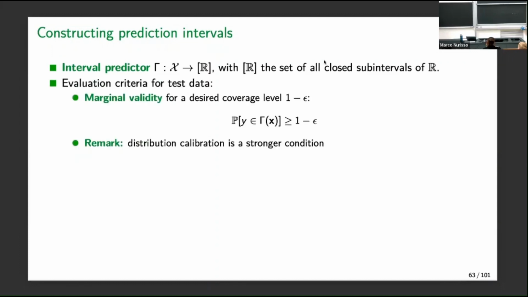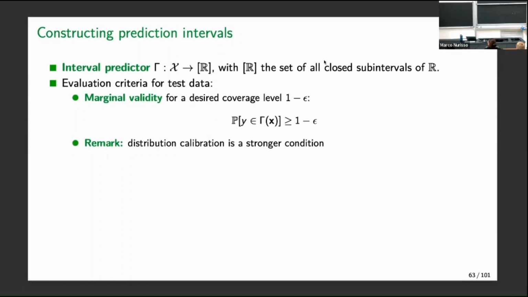And then we want a couple of properties of such an estimator. First, we again want some sort of guarantee in terms of coverage. In the literature it's typically called marginal validity. This means that for a random x and a random y, the probability that the label y is in my interval needs to be at least 1 minus epsilon. If you want only epsilon percent of the cases to fall outside your predicted interval, then you want to analyze this coverage guarantee.